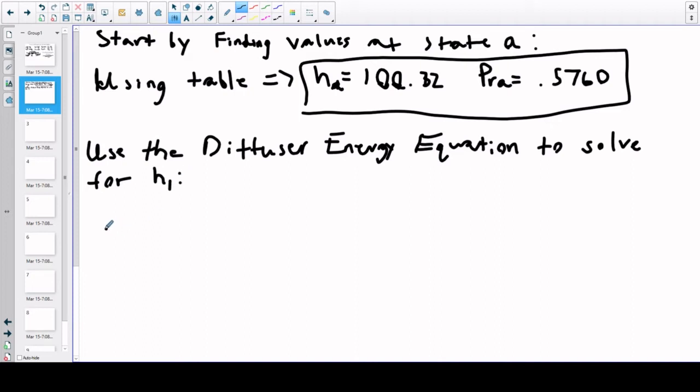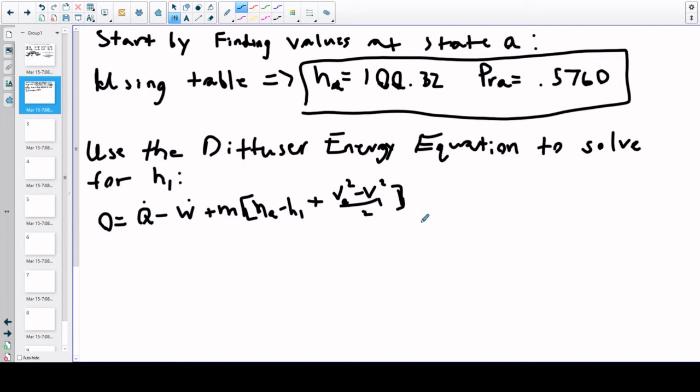The equation sets up as 0 is equal to Q minus W dot plus m times the quantity of HA minus H1 plus the quantity VA squared minus V1 squared over 2. That is the basic equation.